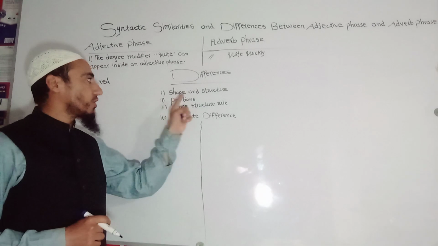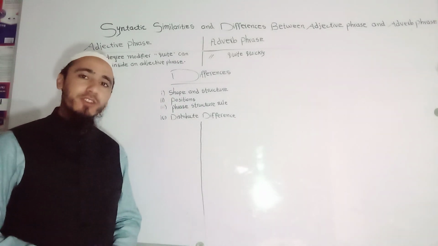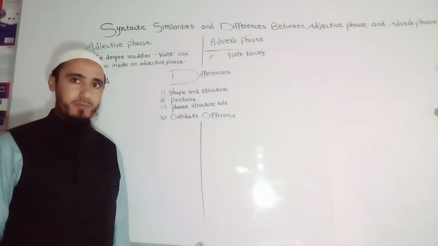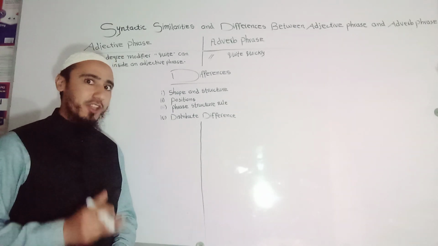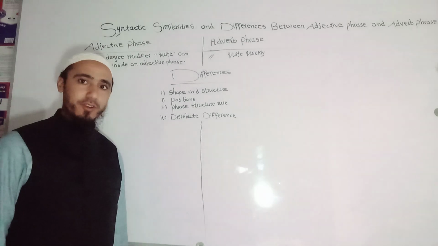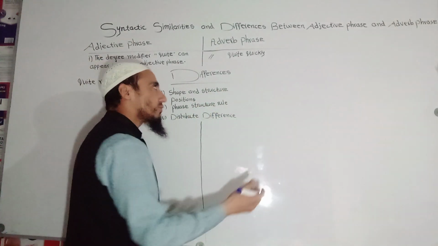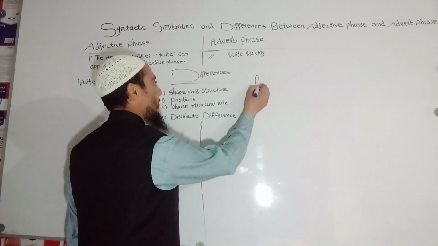The answer to this question is shape and structure. They are very, very different from each other because of shape and structure. You see, most adverbial phrases end with the ly structure.